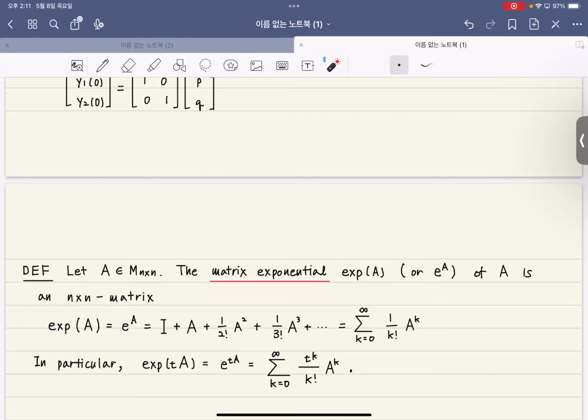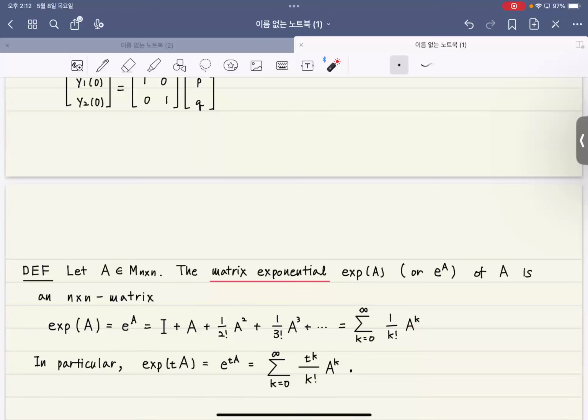And it is defined by the identity plus the matrix A plus 1 over 2 factorial times A squared, plus 1 over 3 factorial times A to the third, and so on, all the way up to infinity. If you're familiar with infinite summation notation, then I would write this as the summation from k equals 0 to infinity of 1 over k factorial times A to the k.